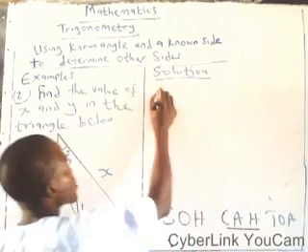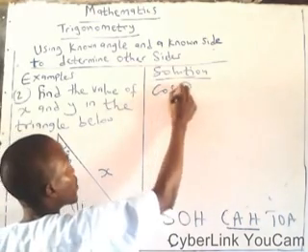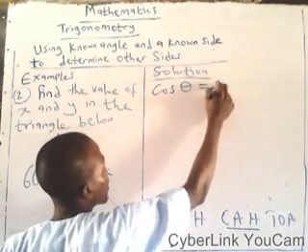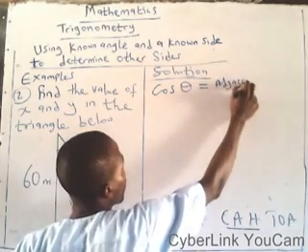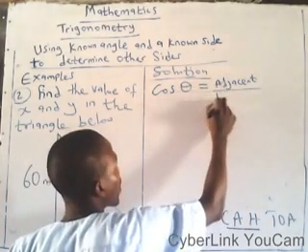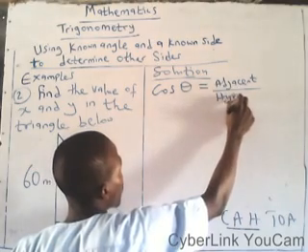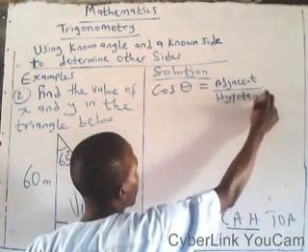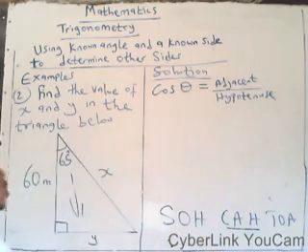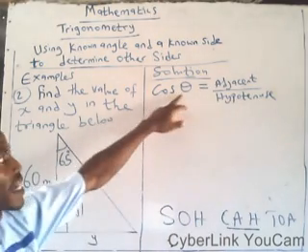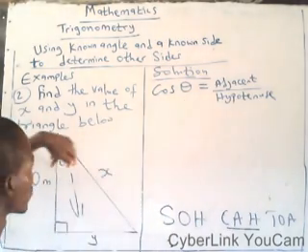Now, the only one that combine the x and then the adjacent together from these three relationships is CAH, which means cos theta is equals to adjacent all over hypotenuse. Now, when you have cos theta, the theta here means the angle given.